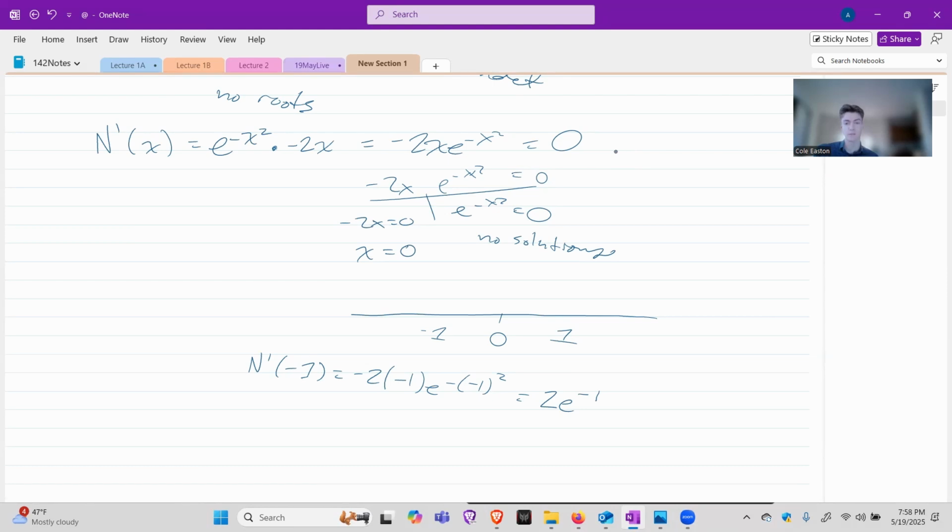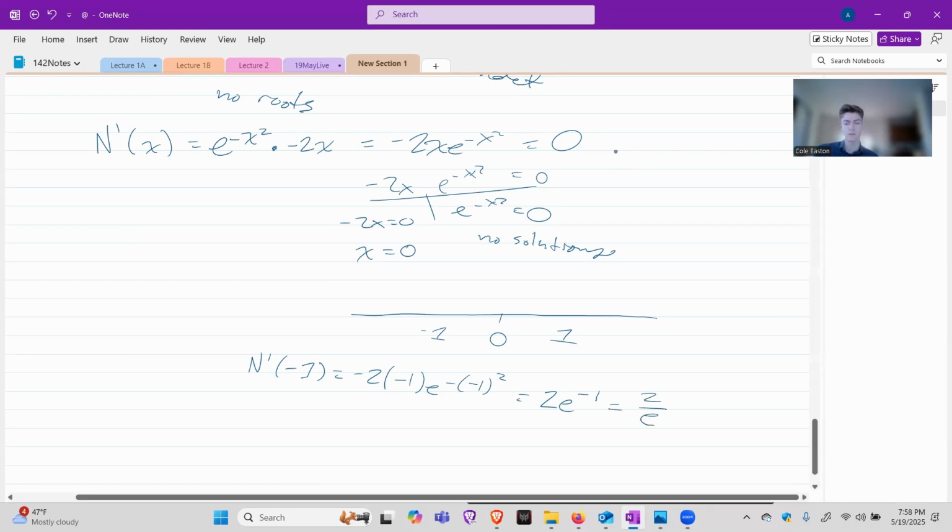So 2e to the -1, which is the same as 2 over e. And that is bigger than 0. It's positive over a positive. Let's go n prime of 1. That's -2 times 1 times e to the -1 squared. And so that is -2e to the -1, which is -2 over e, which is less than 0.